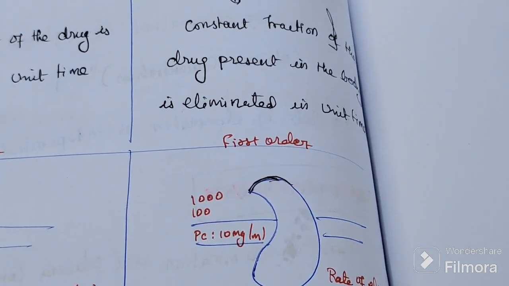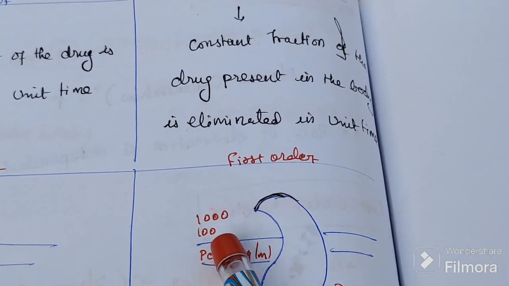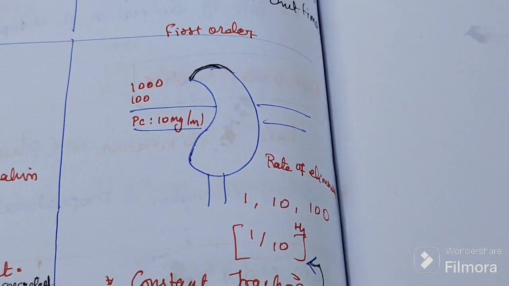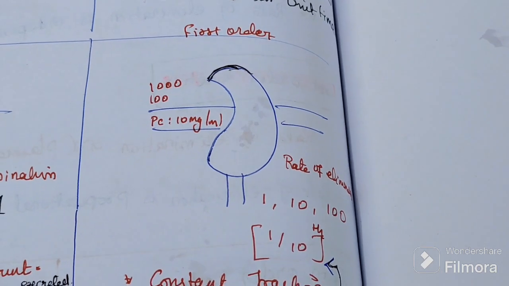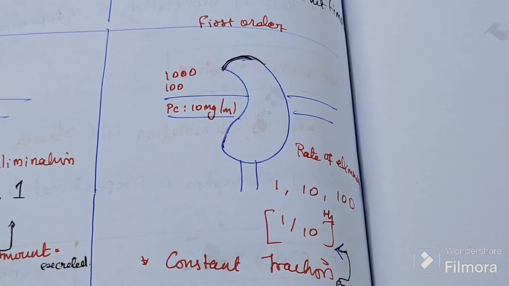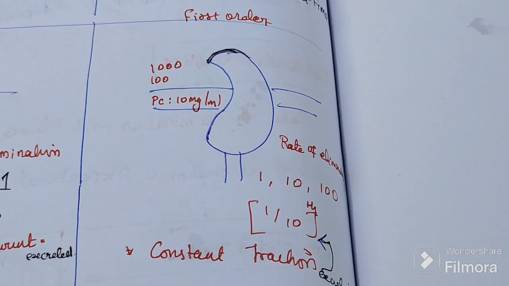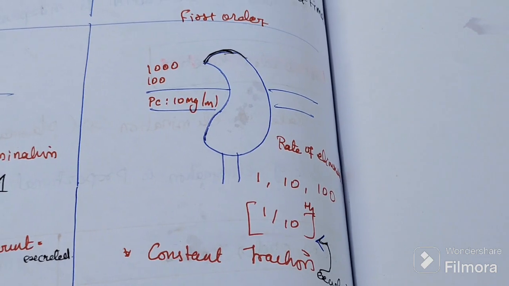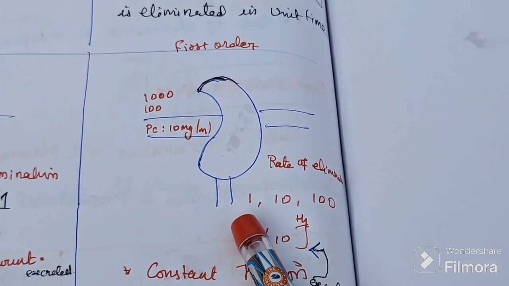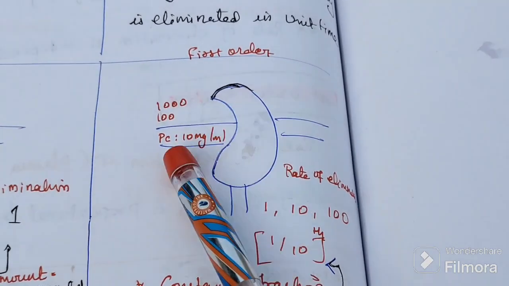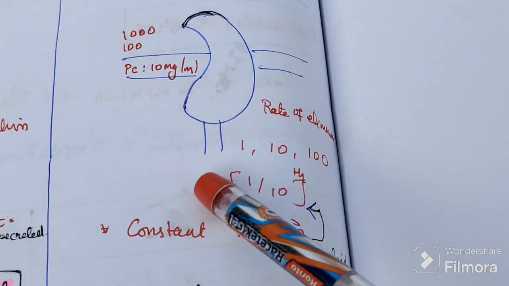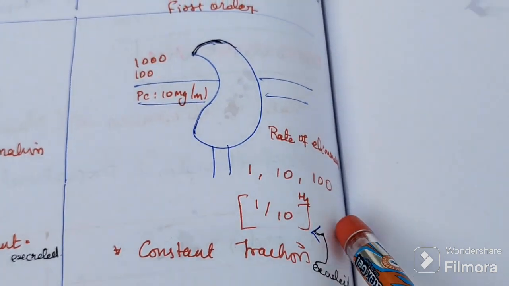Here we have 100,000, but in first order it is proportional. You increase it 10 times, 100 times, 1000 times, and the elimination also increases 10 times, 100 times. So when it is 10, the excretion is 1 mg per minute. When it becomes 100, it is 10. When it is 1000, it is 100.